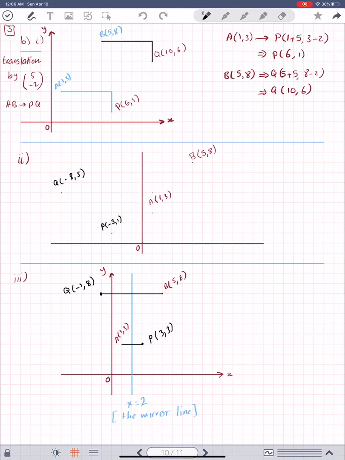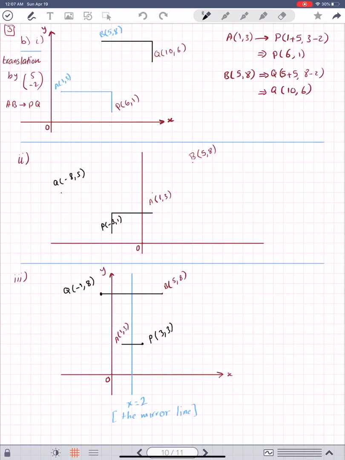When we rotate anti-clockwise, this will happen. The angle between them is 90 degrees when you rotate. 90 degrees. This will happen. The angle is 90 degrees. Do you see it?